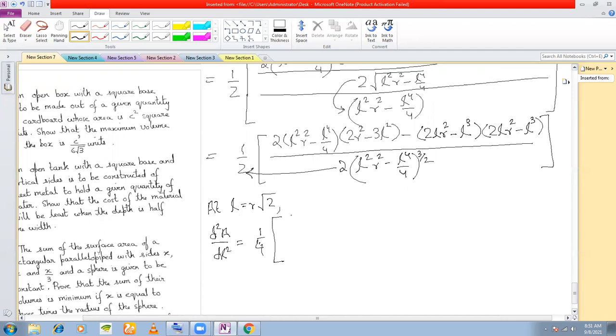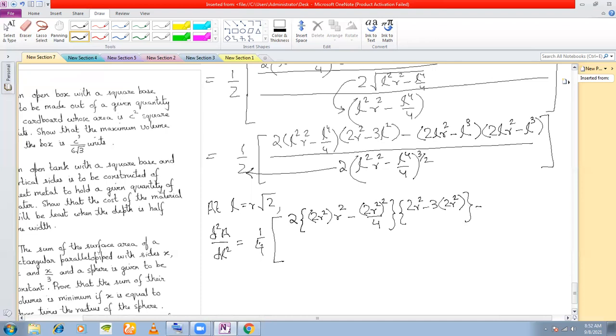Okay, so how much do you get? Just see. If you put the value here, you will get twice 2R square, because L square is equal to 2R square, into R square minus 2R square square to the power of 4, right? Into 2R square minus thrice of 2R square, because L square is equal to 2R square, minus.